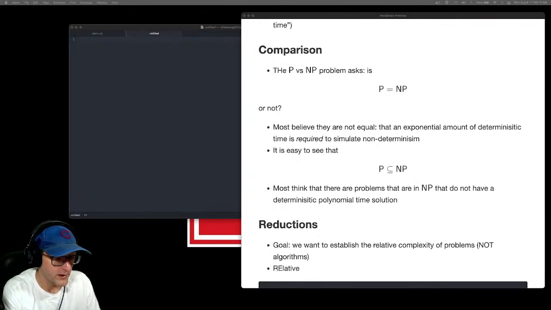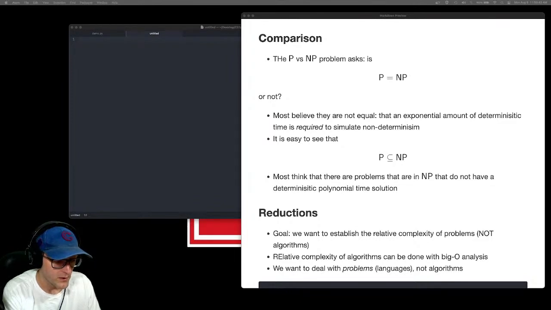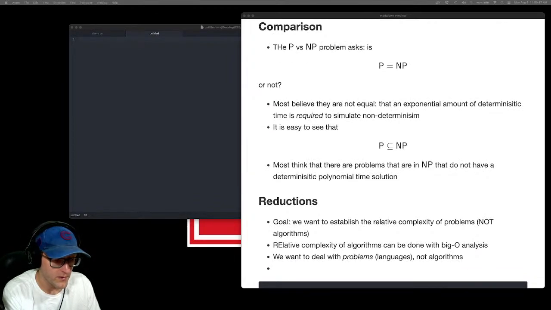Relative complexity of algorithms can be done with big O analysis. You can come up with an upper bound or whatever, but what we want to deal with are problems, or again, languages, not algorithms. So the framework we're going to use is called reductions.